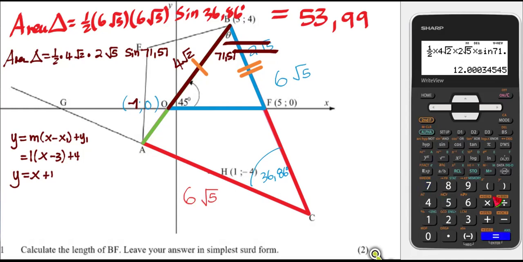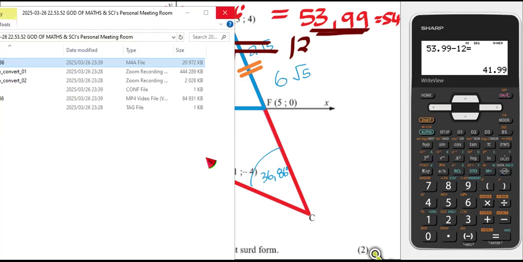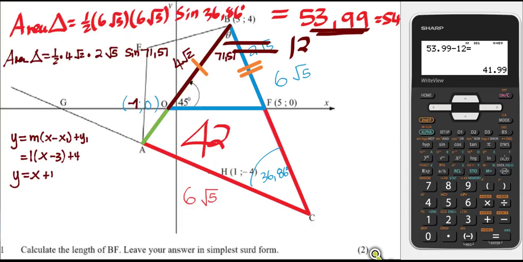This is what we got. So it's 12. Well, you can see it's basically 12. Actually, the other one, it's about 54 to tell the truth. Then I subtract them. So let's write it as 59.99 and then minus the 12. So you can see the answer, it's about 42. Yeah. So this one is 42. That will be the answer for that one, 42.